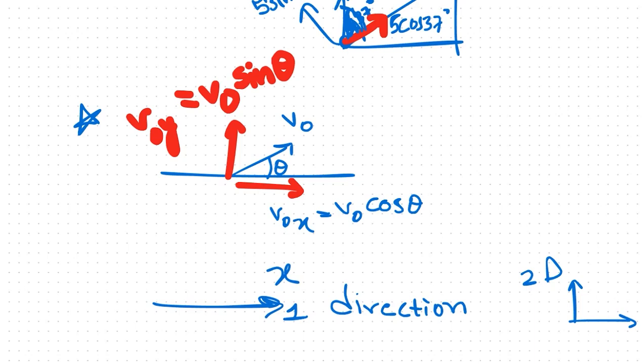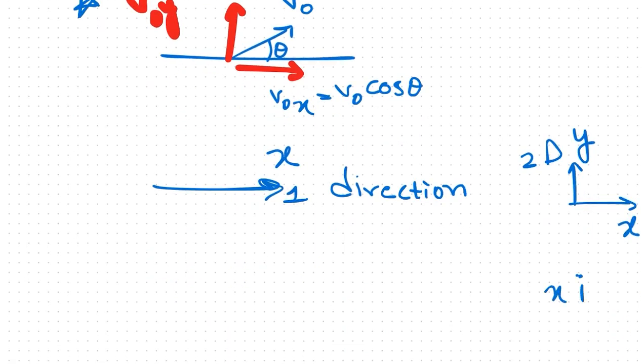So let's say if it is x direction for the previous case, there's also x for 2D, but there is also y for 2D. So x component i cap plus y component j cap. This vector sum gives us the total vector, the 2D.